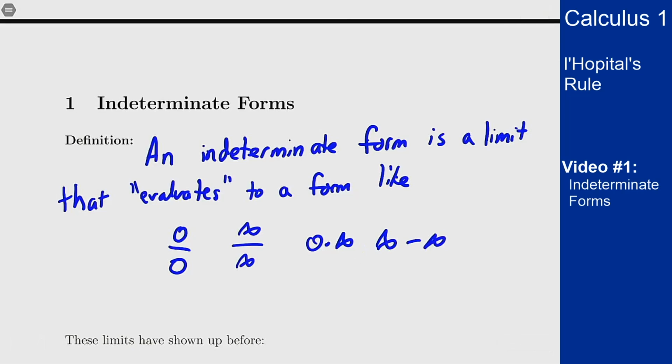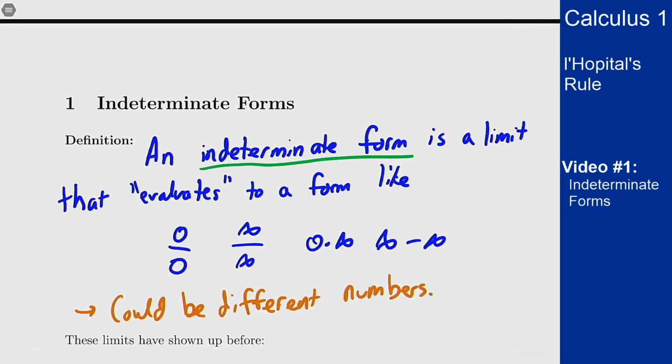But the point here is there's no definite value to each of these things, in the sense that there are limits of the form 0 over 0 that evaluate to different things. So I could have two different limits, both that look like 0 over 0, but they evaluate to 1 and 2 respectively. Right? There's no defined number for each of these things. You have to do more work to figure out what they are.